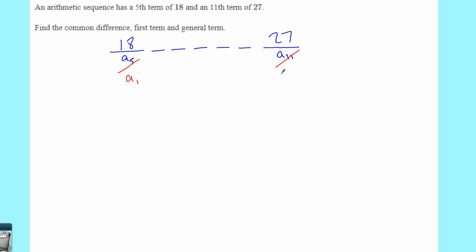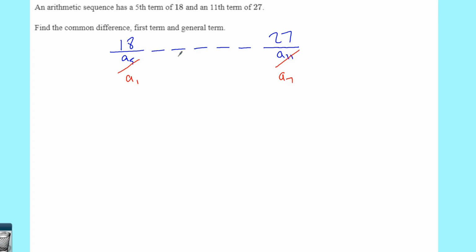A lot of people say the 6th term, but it's not. It's the 7th. Count it out. 1, 2, 3, 4, 5, 6, 7. 11 minus 5 is 6, but 5 is also a term. So you have to do 11 minus 4 to find how many numbers are in that sequence.